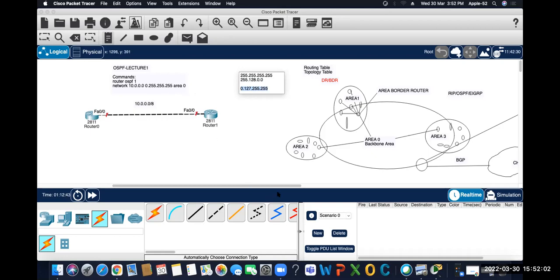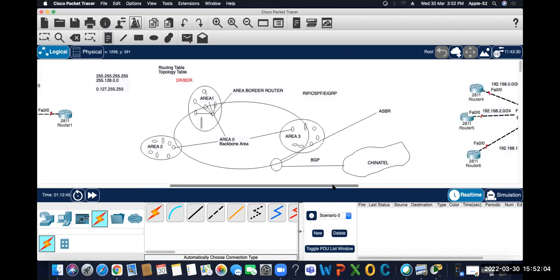Then area 0. I came with this concept that when you have to manage a big country network, or a big network like Airtel or Jio, they divide their whole country into areas. And these areas have multiple routers within them. These routers don't communicate directly with each other.